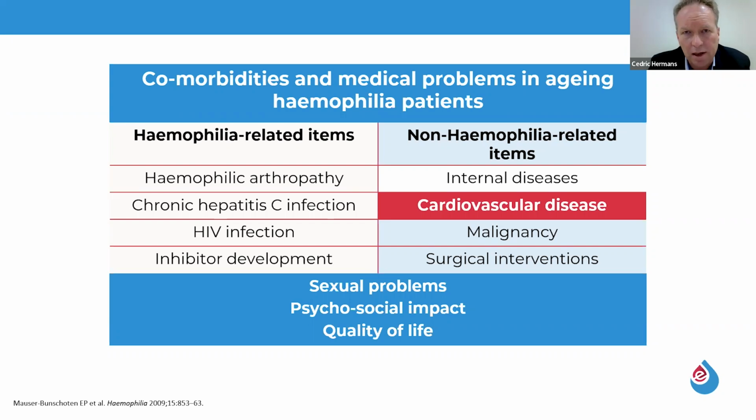On the right part of the slide, you see the non-hemophilia-related items: internal disease, malignancy, surgical intervention, and clearly cardiovascular disease. We should also consider other important comorbidities or problems that our patients could be facing, including sexual problems and psychosocial problems, and we want to make sure that the quality of life of our patient is preserved or ideally improved.